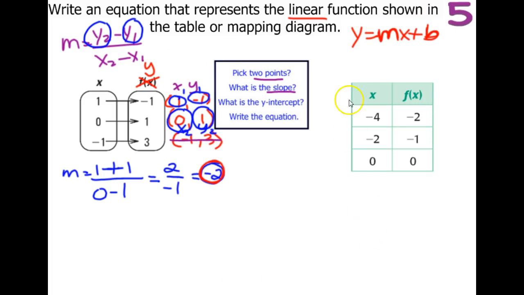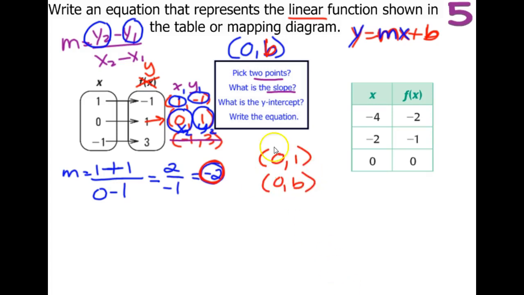Now we could plug in x and y and our slope to find b, but didn't we learn the other day 0, b would also tell us where our y-intercept is? Because b is our y-intercept. So this point right here in the middle actually has a 0 there, so that point 0, 1 is really 0, b.